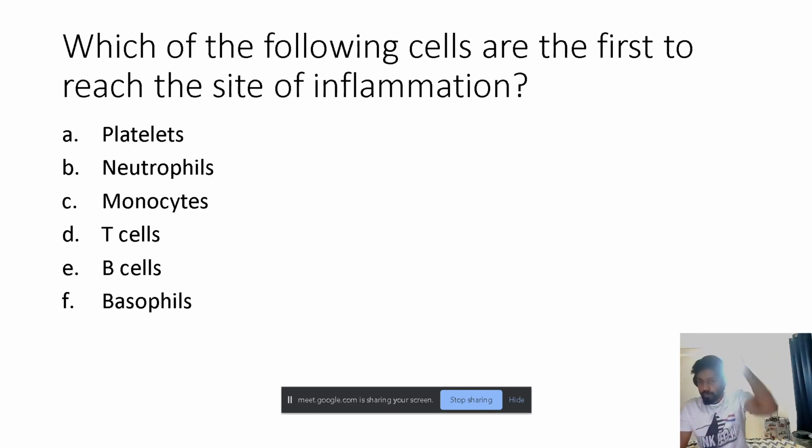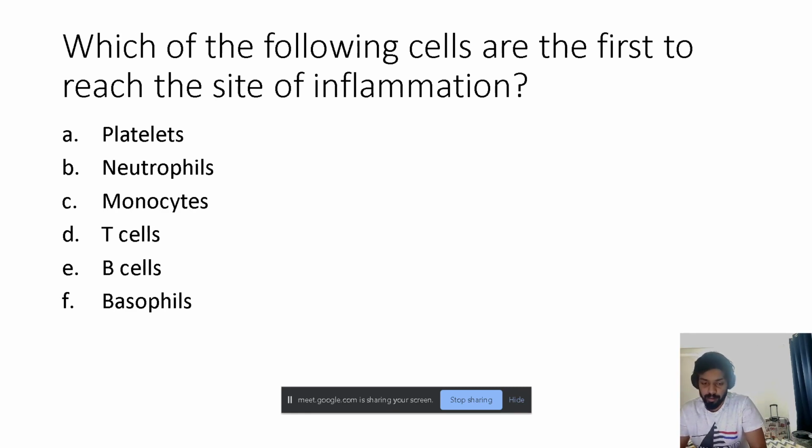Okay. Which of the following cells are the first to reach the site of inflammation? Platelets, neutrophils, monocytes, T cells, B cells, basophils. Essentially, they're asking which immune cells are the most motile, which can travel faster and reach the site. Option B, I guess.